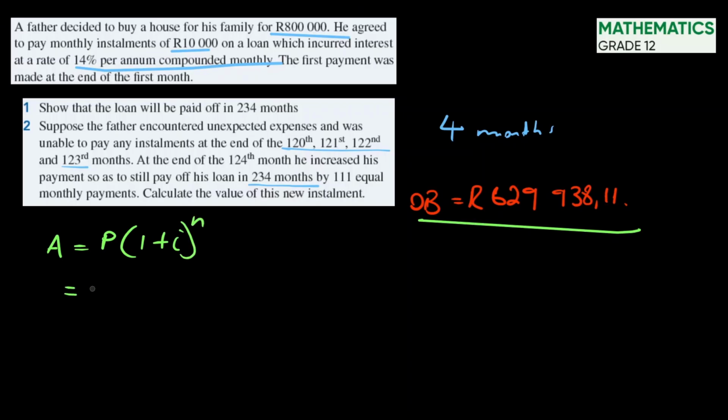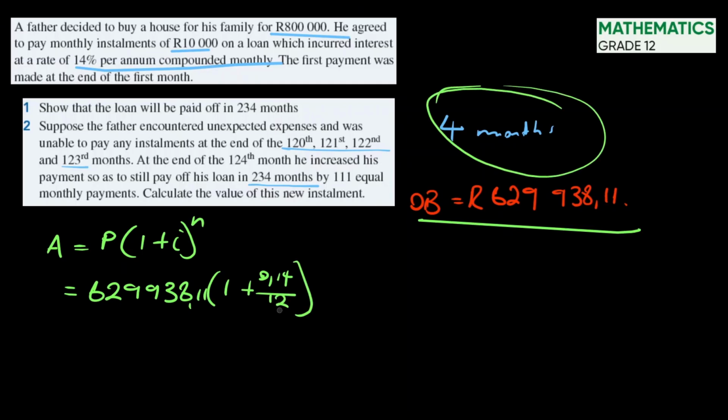So we're going to take the 629,938.11 times (1 plus the interest, still the same interest, over 12), and remember, he didn't pay for how many months? For 4 months. So it earns interest over 4 months.